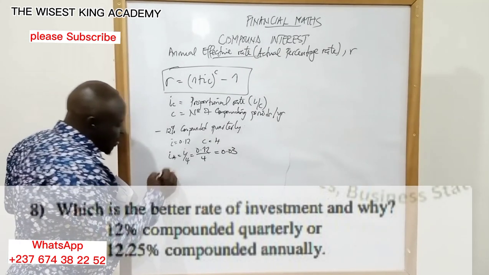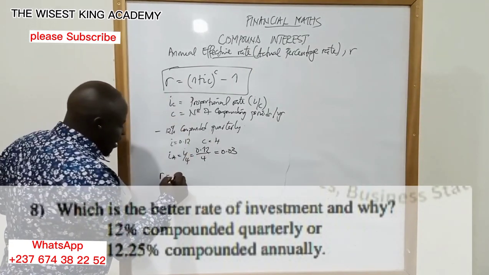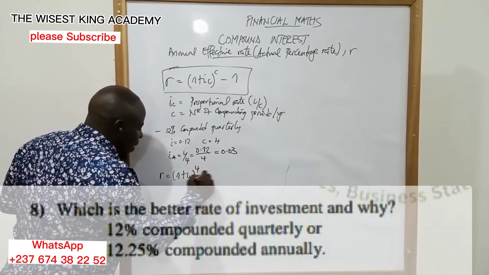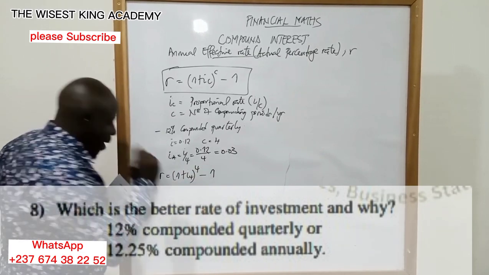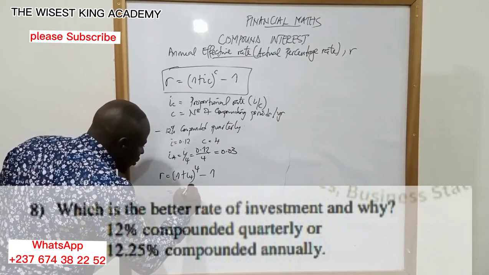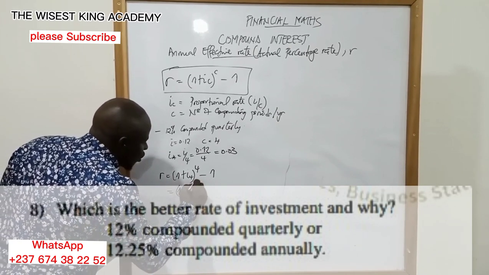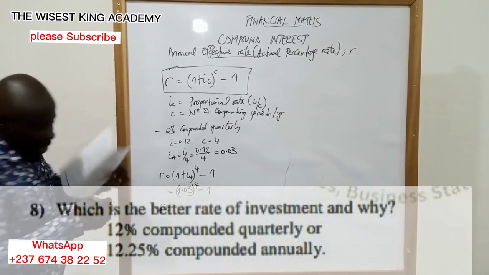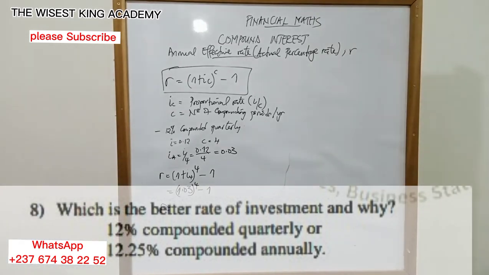So we can now calculate our annual effective rate. Don't forget, annual effective rate in this case is going to be 1 plus I4 raised to the power 4 minus 1. So this is going to be equal to 1.03 raised to the power 4 minus 1. So what is going to be R? Let's calculate.